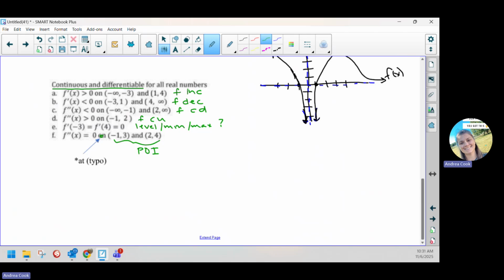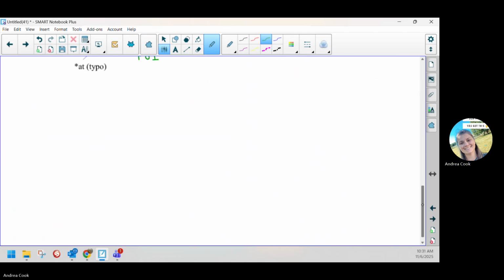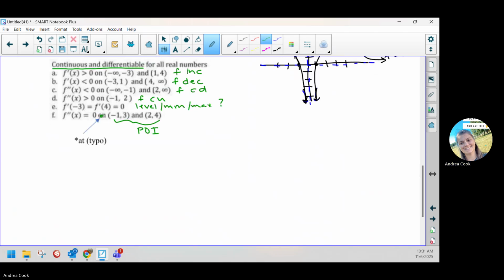Okay, so let's sketch a picture. So as always, I'm going to start with the points. So (-1, 3) is a point, and (2, 4) is a point.